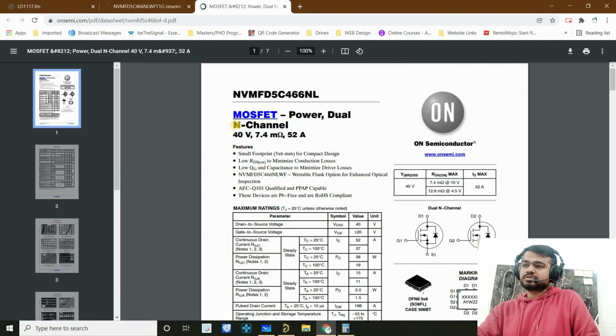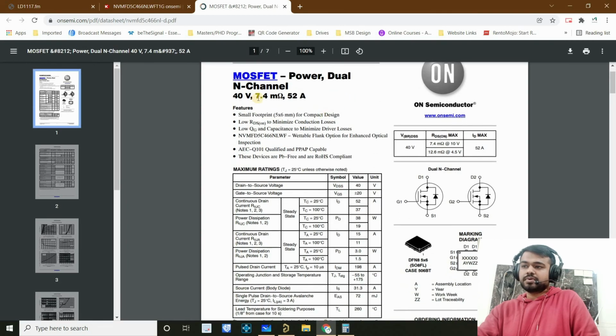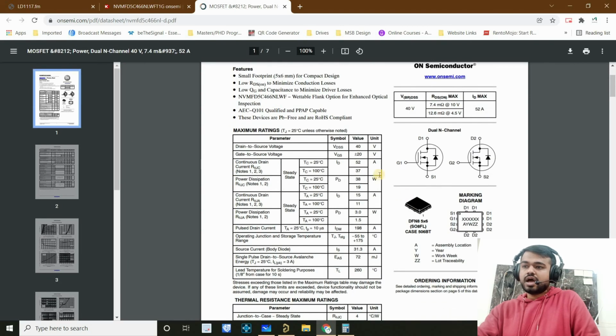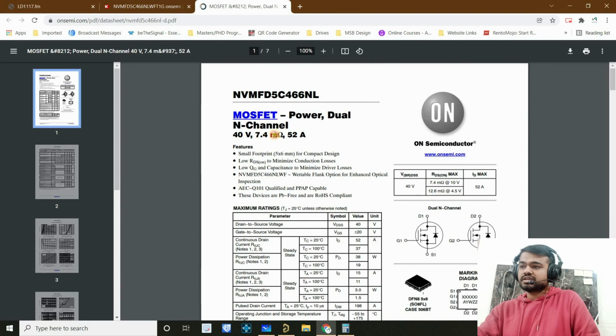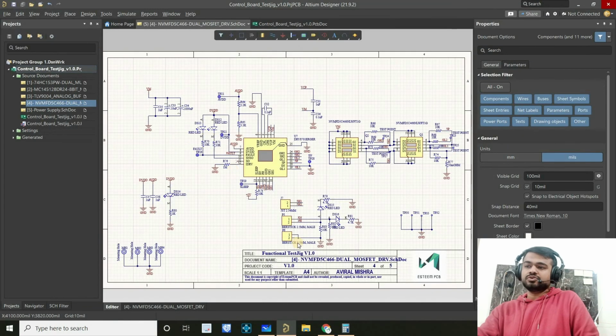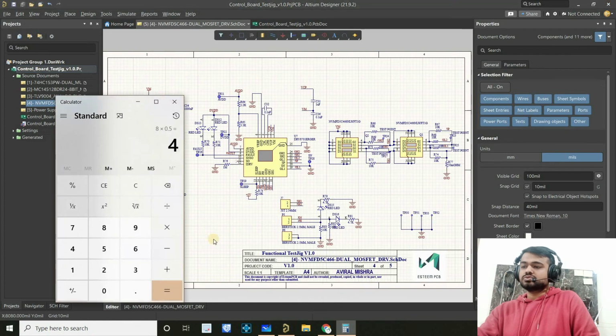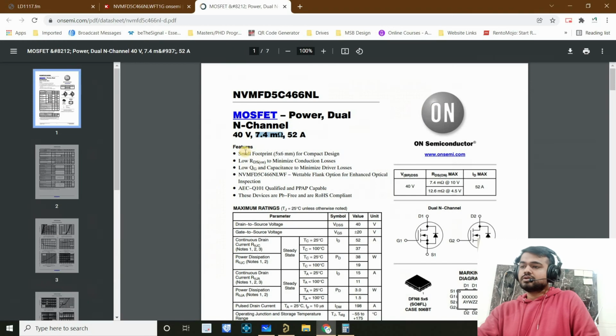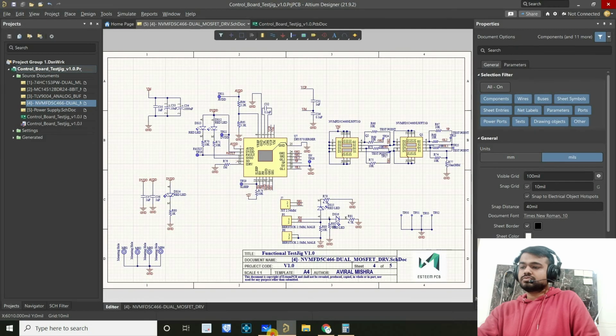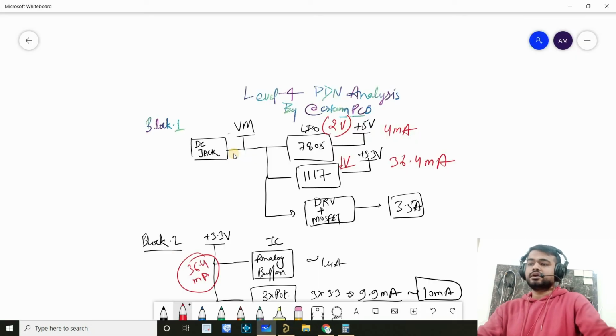So this is not a 4 channel MOSFET, it's a dual N channel MOSFET, and its RDS on is 4.7 milliohm. But again, we are using those as an H bridge. So 7.4 multiplied by 2 will be approximately 15 milliohm. So here the resistance will be 15 milliohm approx.